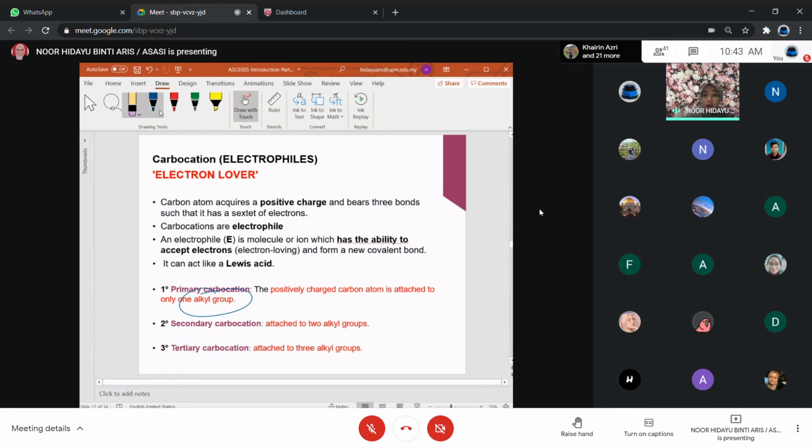Okay, how to classify that one? Okay, let's say I have example here. Okay, positively charged CH2, CH3. Okay, to classify the carbocation, tengok carbon yang ada positively charged. So we see this carbon connected to how many other carbons?